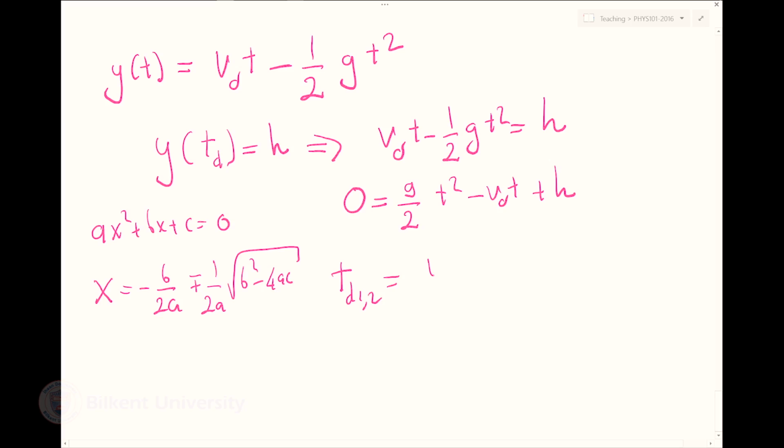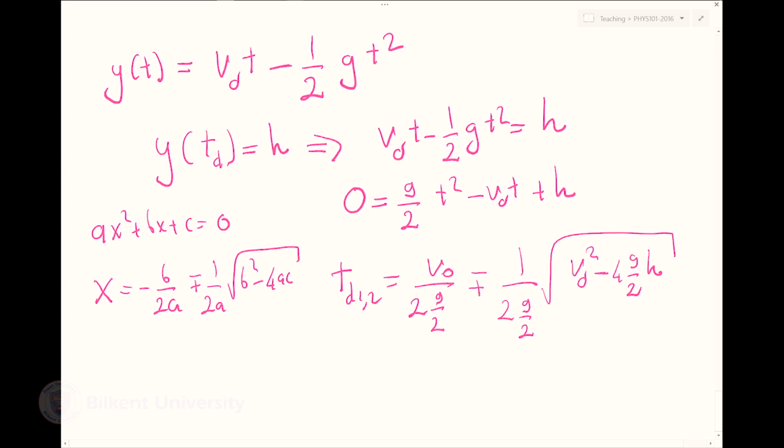I have minus b over 2a. So I have v0 over 2 times g over 2. The first term. Plus minus 1 over 2a is 2g over 2 square root v0 square, b square minus 4ac, minus 4g over 2 times h.